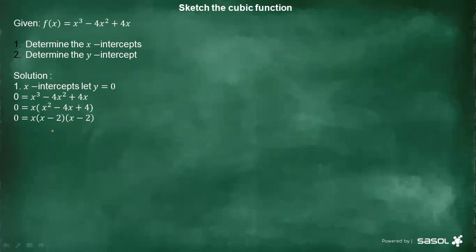There was something that I also want to allude to on this one. We can see that x minus 2 repeats twice.